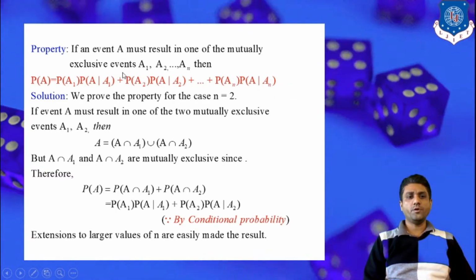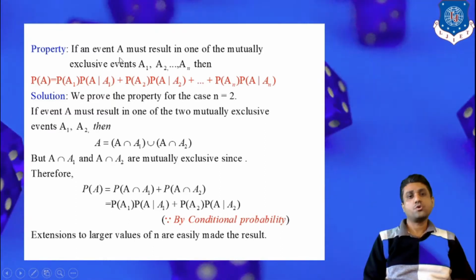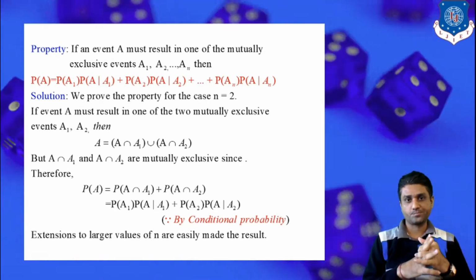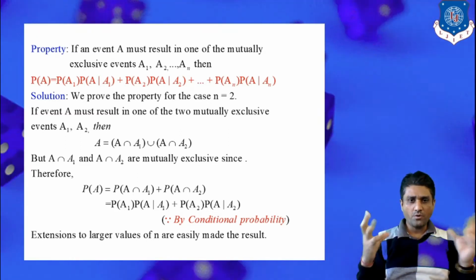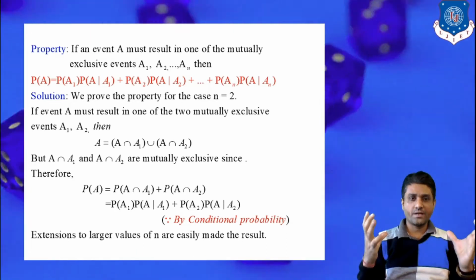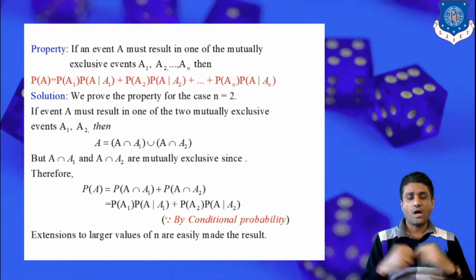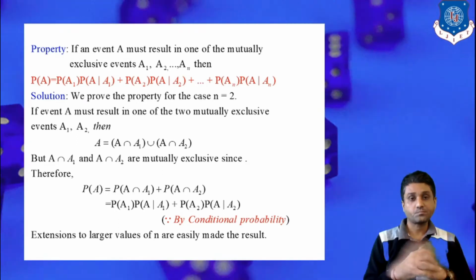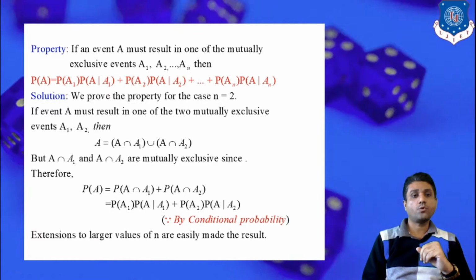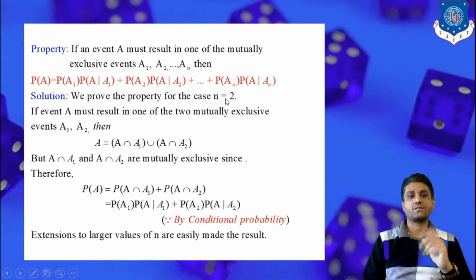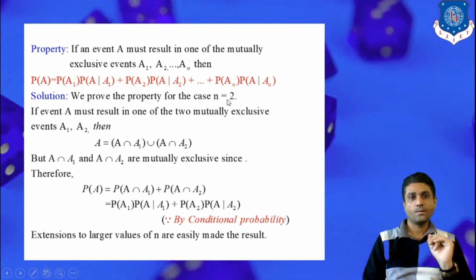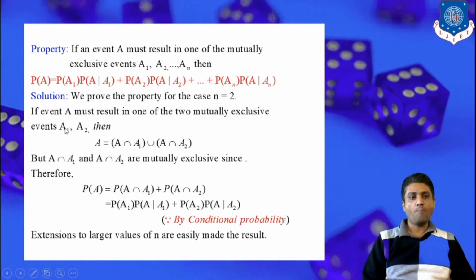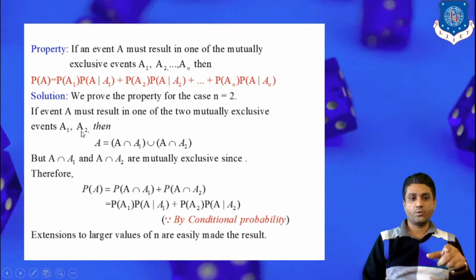So mutually exclusive: first of all we recall what is mutually exclusive. If we talk about any particular event, that event is a combination of a few events. First consider a combination of two events, that is n equal to 2. So a particular event A is a combination of two events, A1 and A2.